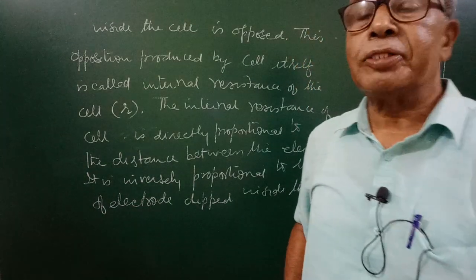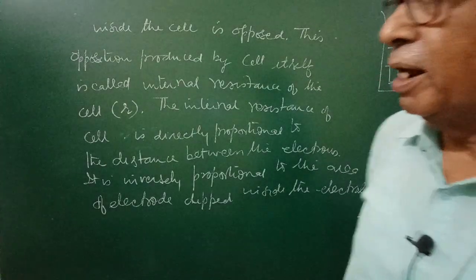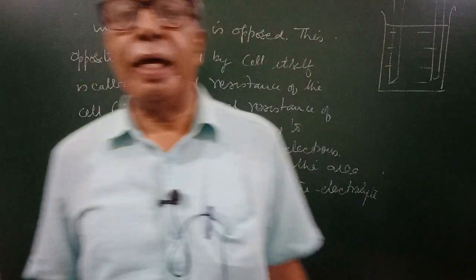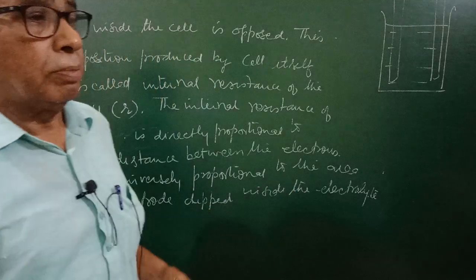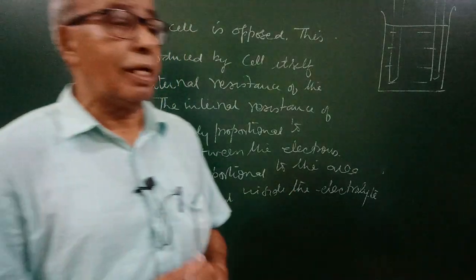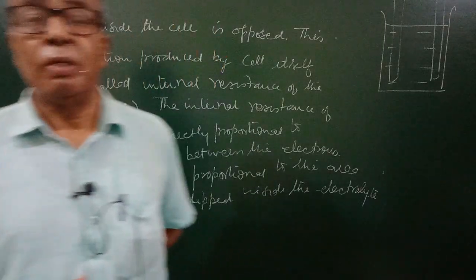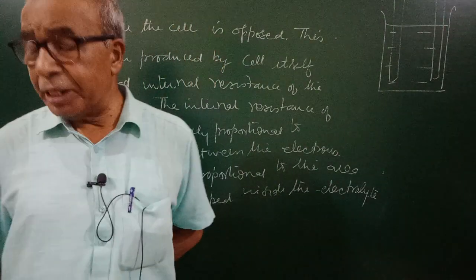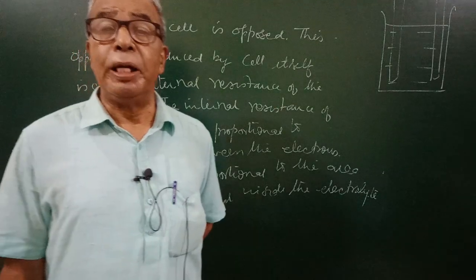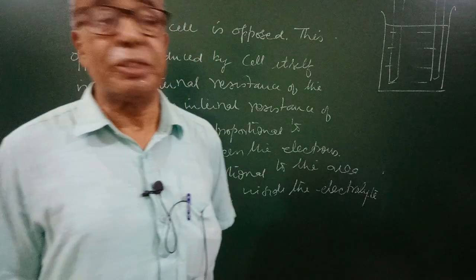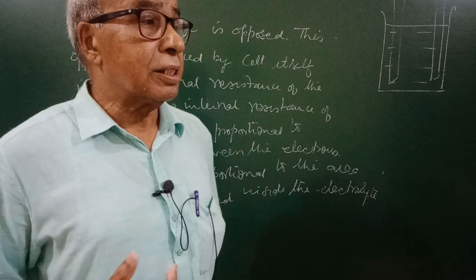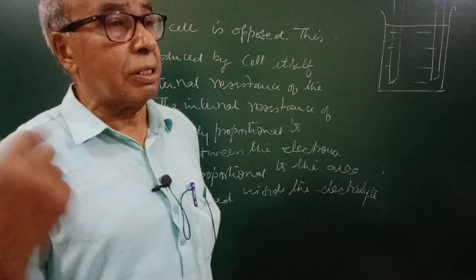Two types of cells are there: primary cell and secondary cell. Primary cells like your Leclanche cell, dry cell in torch, cannot be recharged. Secondary cell like storage battery, lead accumulator, can be recharged. Secondary cells are used to draw large current.